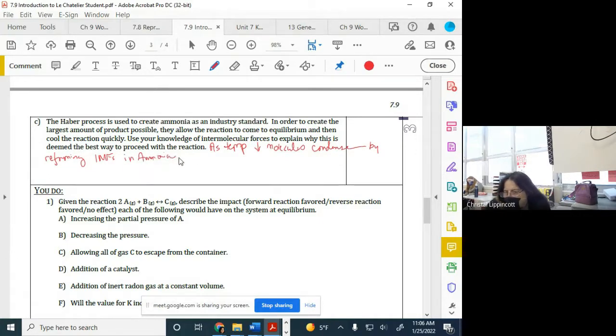And ammonia has all 3. They have LDF, they have dipole-dipole, and they have hydrogen bonding. Okay?